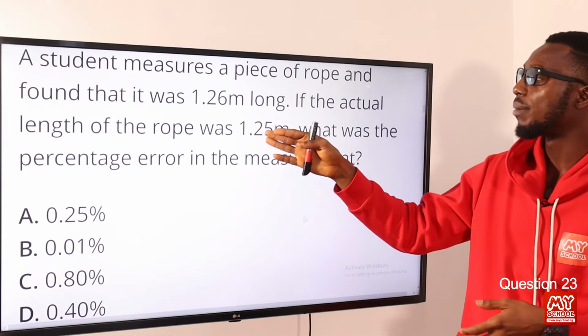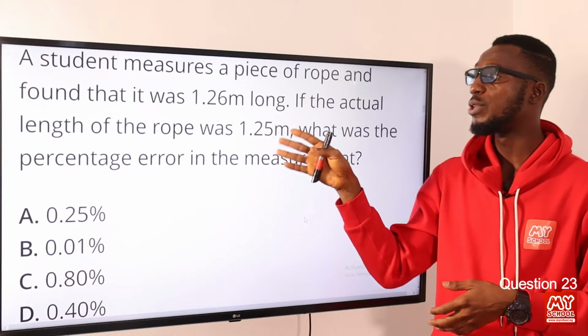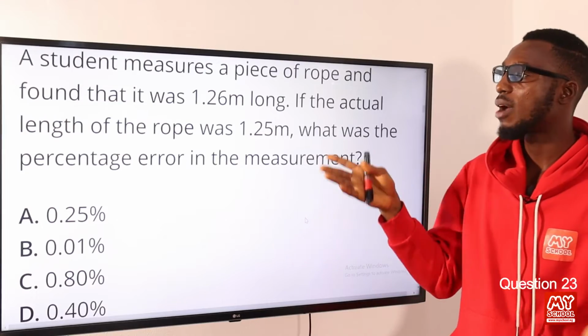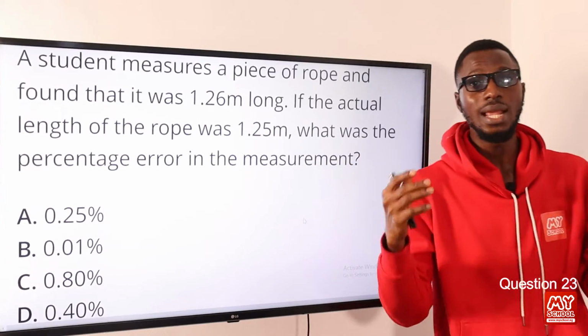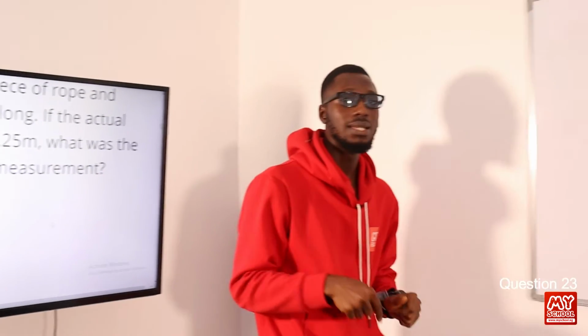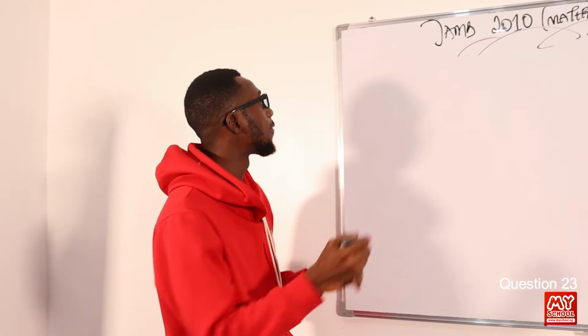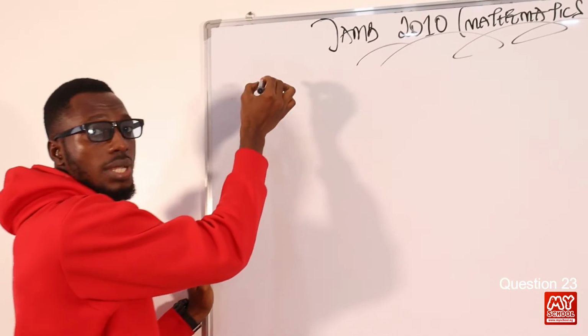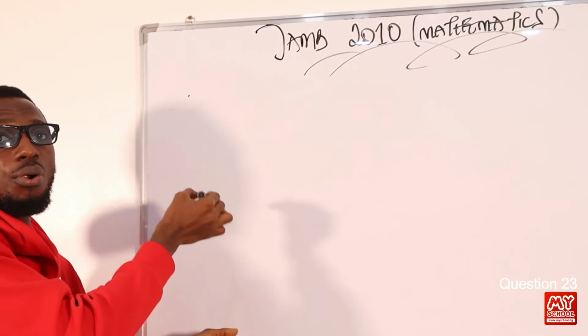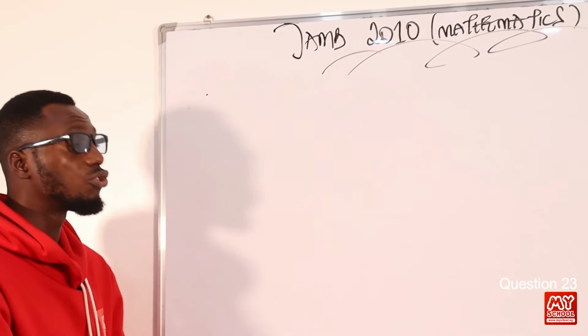Even if you take 1.25 minus 1.26, you are going to have negative 0.01. The negativity does not matter in this expression. So percentage error equals absolute error over actual length, times 100.